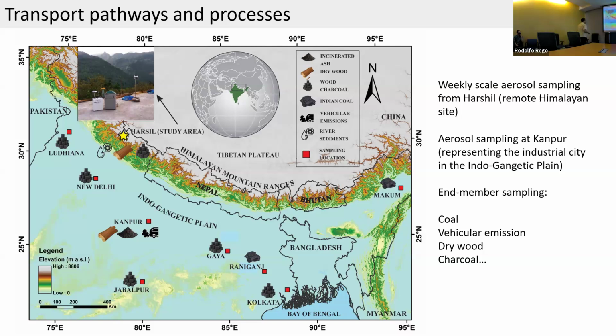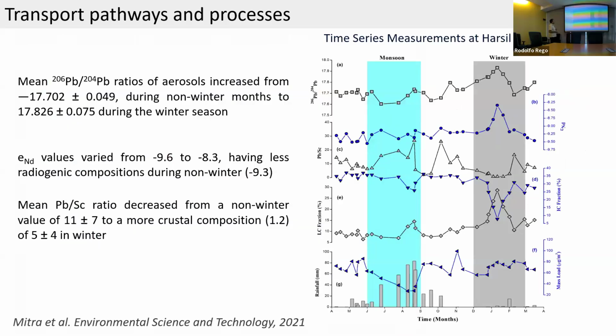So we did an extensive end member sampling, and we ran a time series station where we collected weekly data at a very high altitude location. I don't want to go into a lot of technical data, but what was striking, if you look at the 206/204 data, is that throughout the year it is more or less the same, but only in winter the values are different.